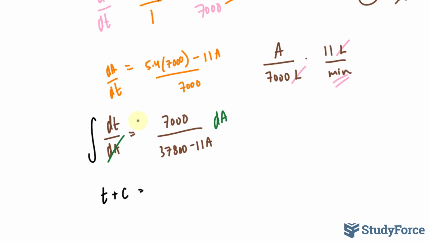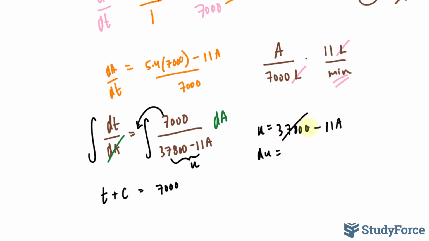And on the right side, this is a little more complicated. We have to take out the 7,000. We did an example like this in question 1. What we did is a u substitution, where I substituted u in for this expression and differentiated. I got du is equal to, that went away, minus 11 dA. Solving for dA, I got du over negative 11.